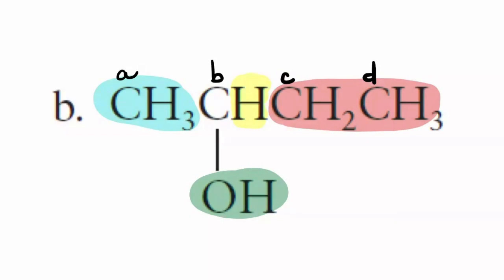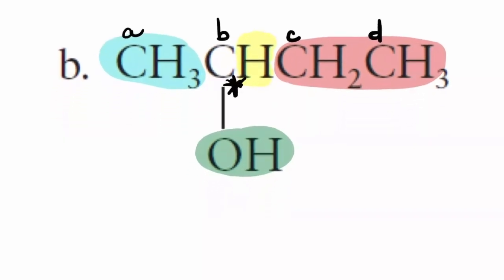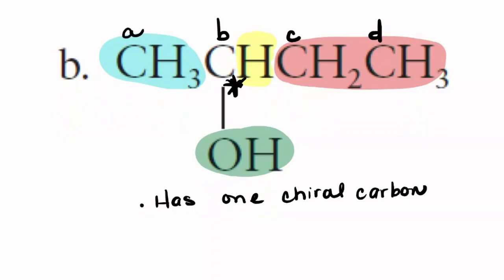Typically, to designate a chiral carbon, we write an asterisk. So I'm going to put an asterisk at carbon B to know that that carbon is chiral. Since my molecule has one chiral carbon, the molecule overall is chiral.